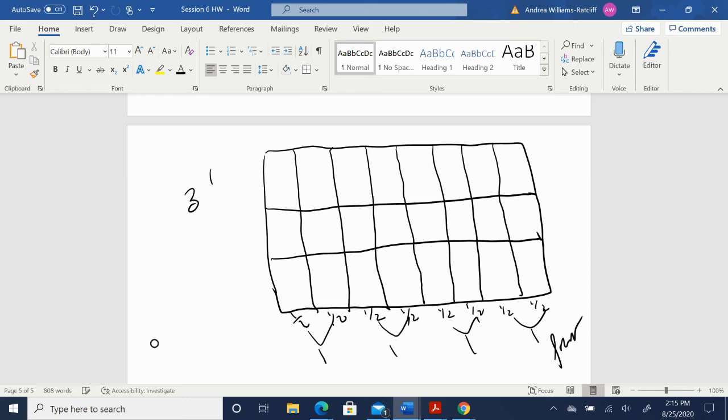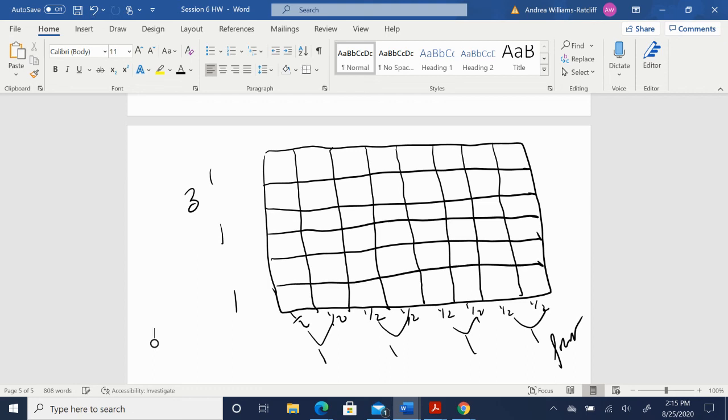Okay, we had 1 foot, 1 foot, 1 foot. It was a 3. Now we want to mark them off in halves. Okay, so we would have a half, a half, a half, a half, a half, and a half.